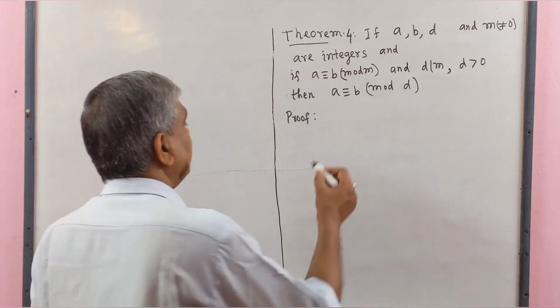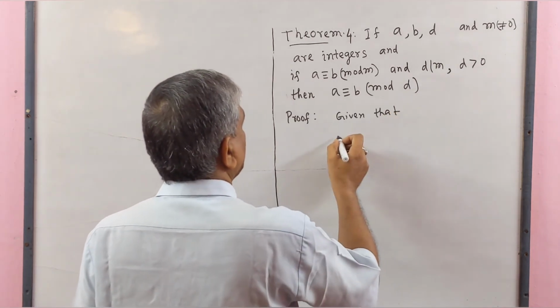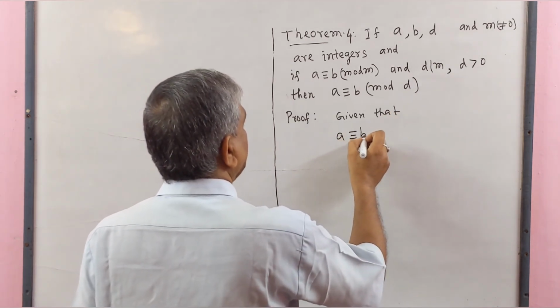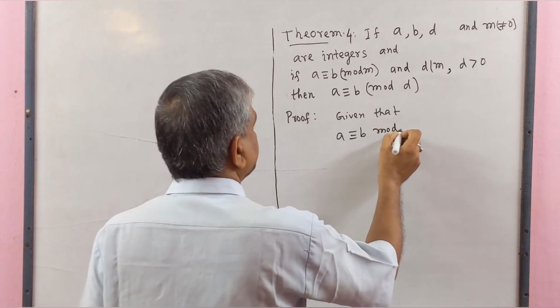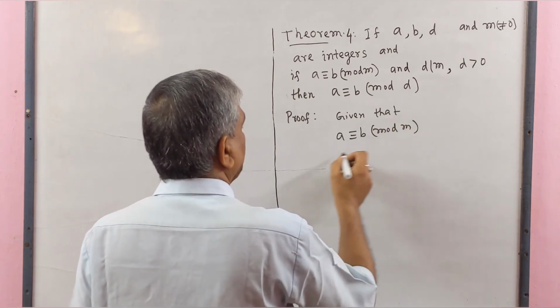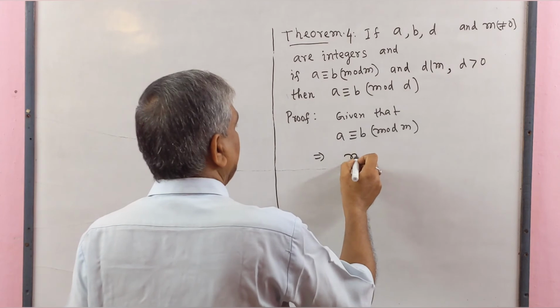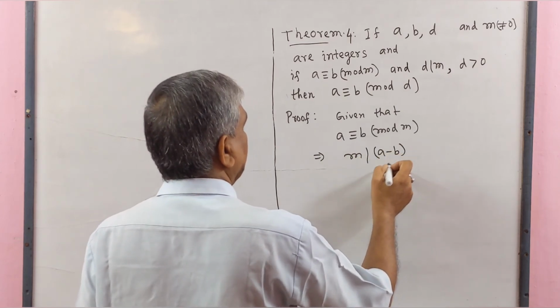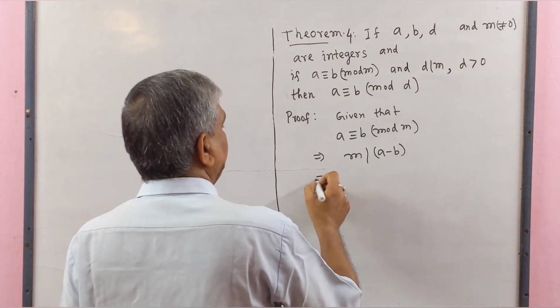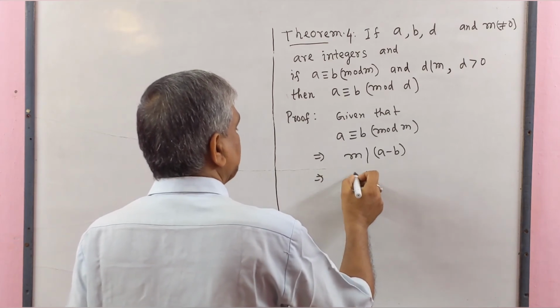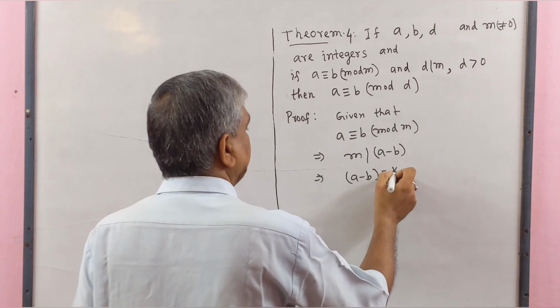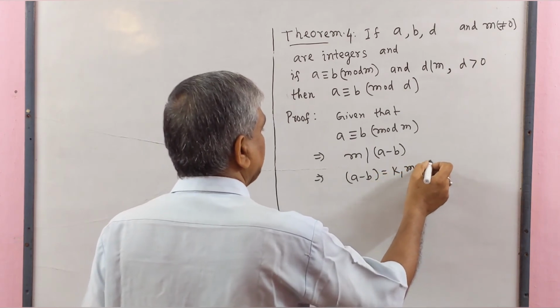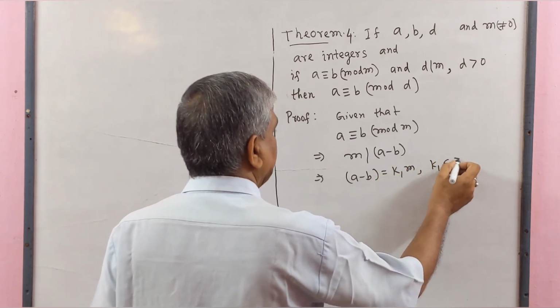Since given that a is congruent to b modulo m implies that m divides a minus b, which implies that a minus b equals an integer k1 m, where k1 is an integer.